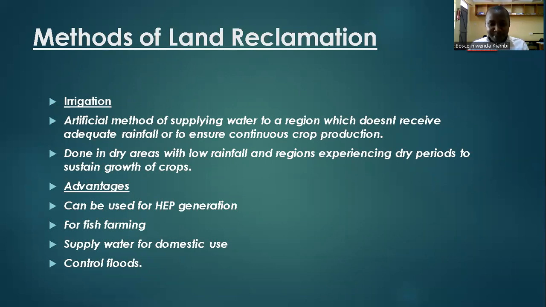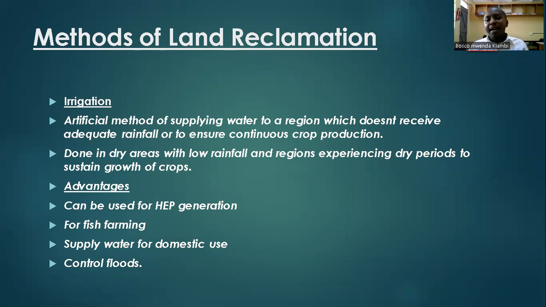And that will ensure that the place has continuous crop production. I'm looking at an area like a desert area or a semi-arid area with low rainfall. There are prolonged periods of drought, and the amount of rainfall that is received in those areas is not enough to sustain the growth of crops.